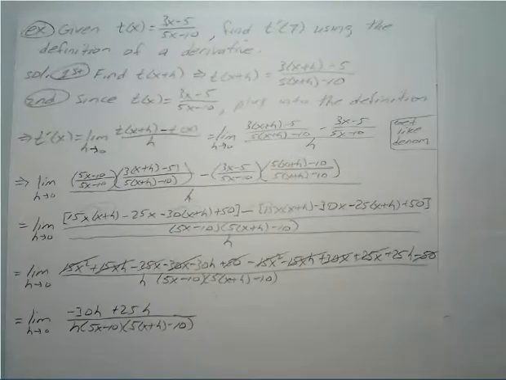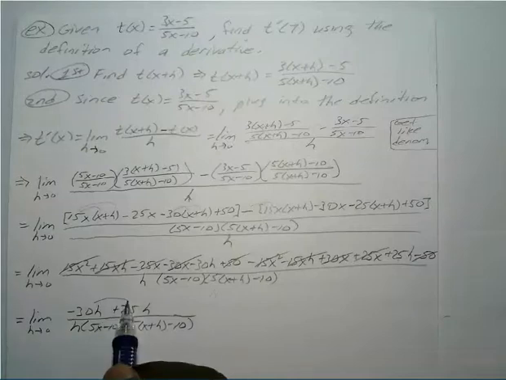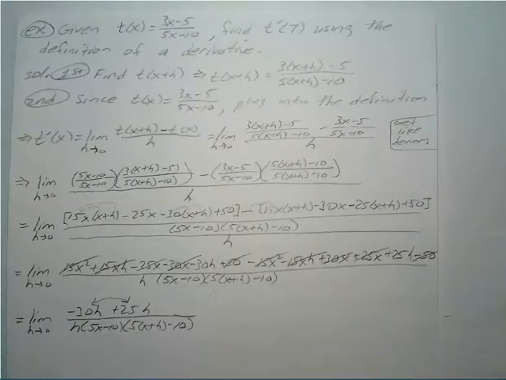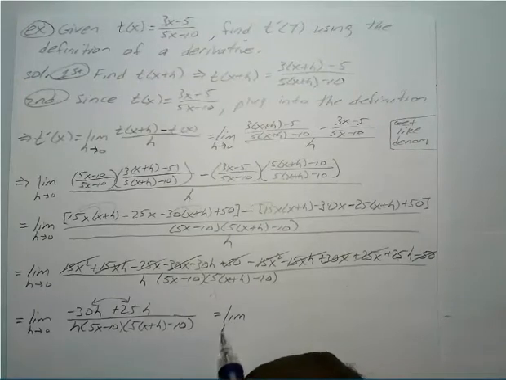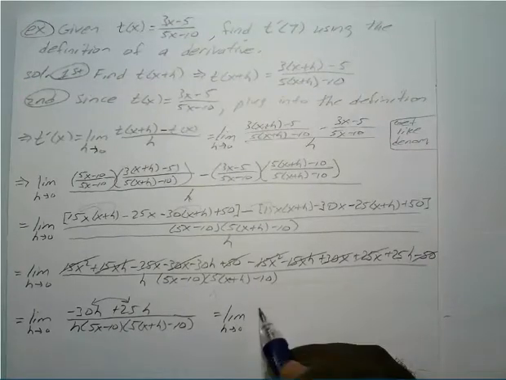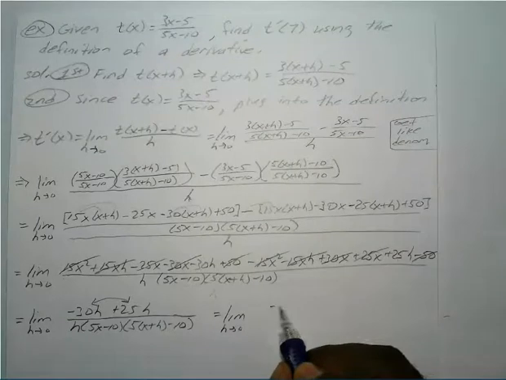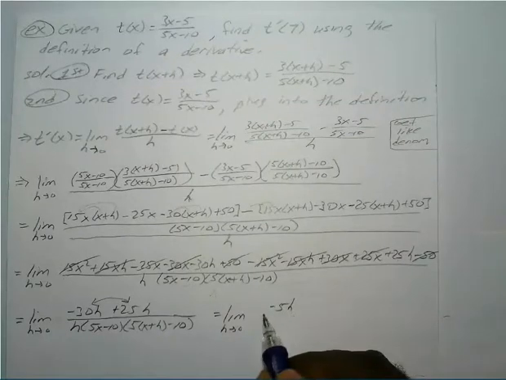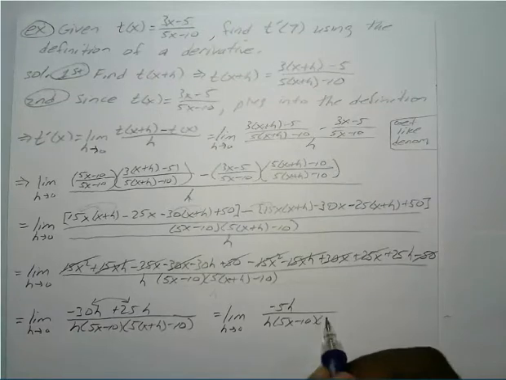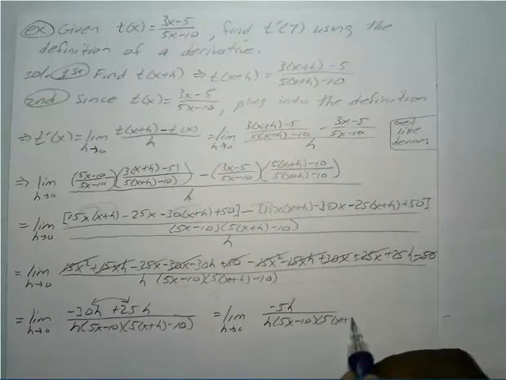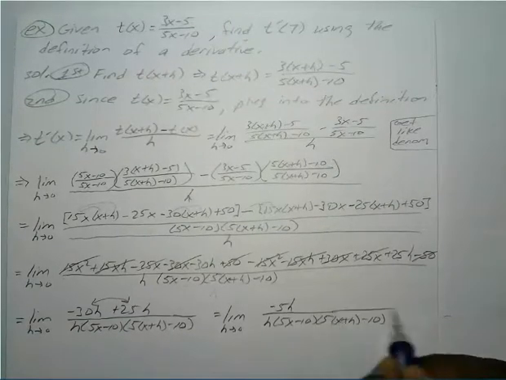Okay, now these two are both terms of h, so we can combine them. That's going to equal the limit as h approaches 0 of negative 5h all over h times (5x minus 10)(5x plus h minus 10).